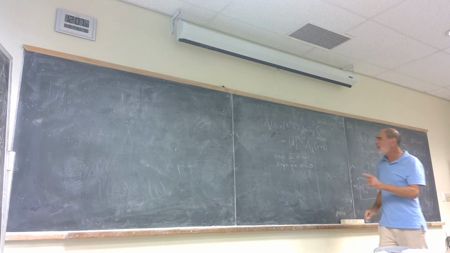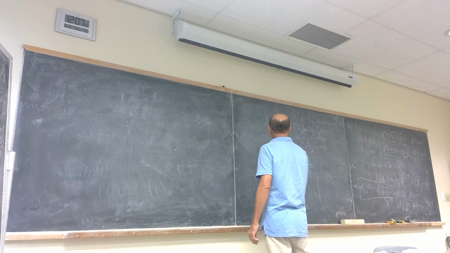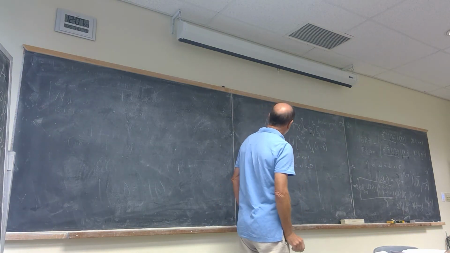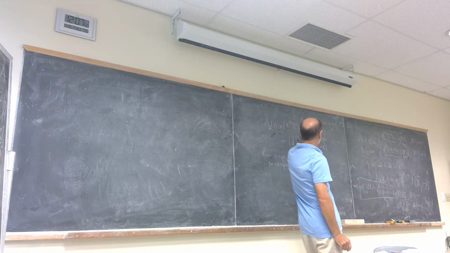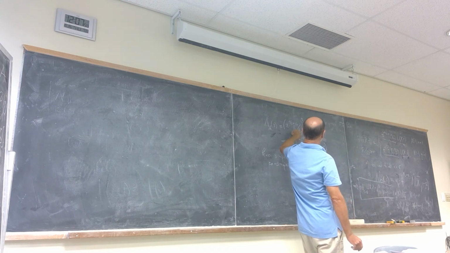All right, so since it has a simple pole at s equals 0, what does that mean for the zeta function? Well, this thing has a simple pole at s equals 0, and likewise, this thing has a simple pole at s equals 0.